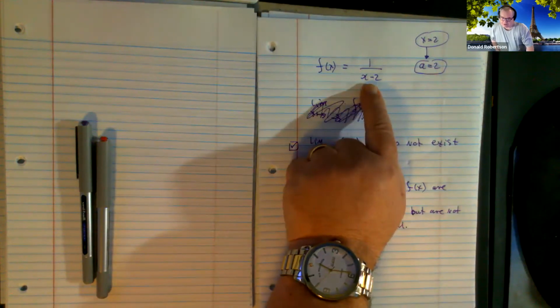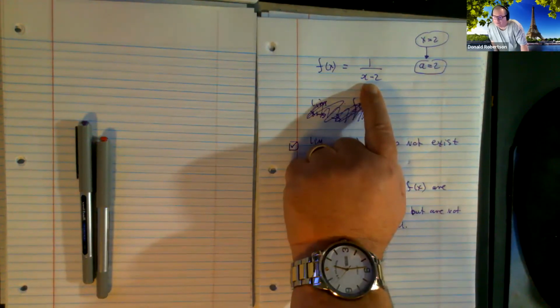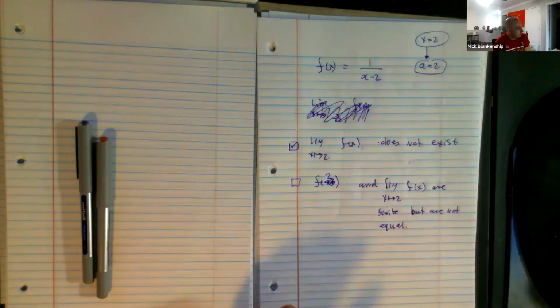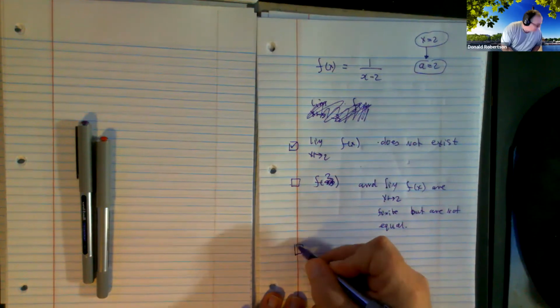Can you actually find the value of that function at 2? No. So I don't care what the rest says. That's not true, so I'm not even going to look at it any further.